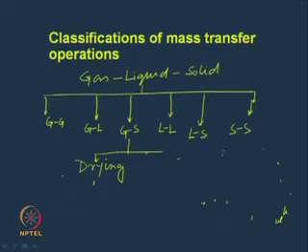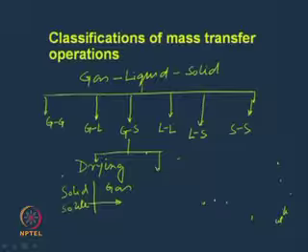So, solid and gas systems where the solutes transfer from the solid phase to the gas phase. Another one, if this transfer occurs in the reverse direction, that is from gas to the solid, then we call it adsorption.